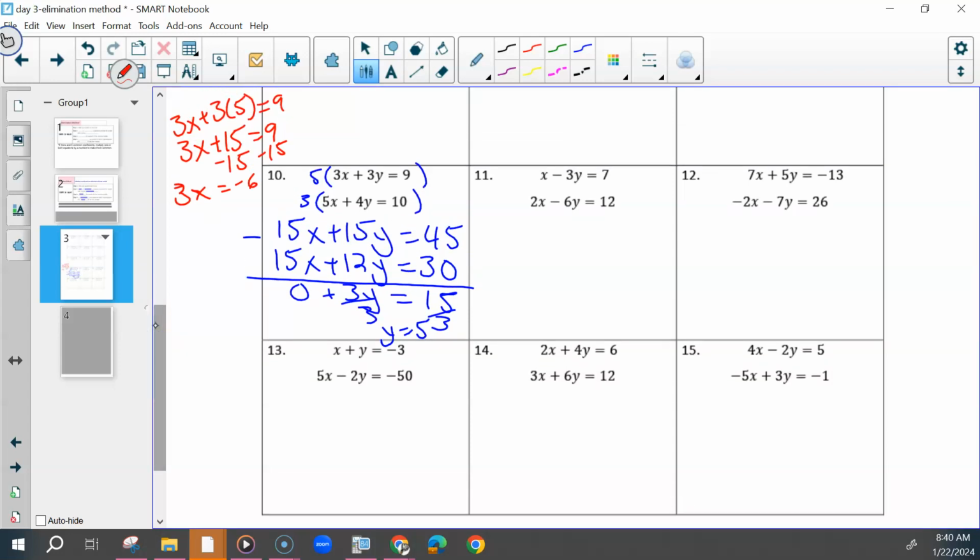What is the value of x? 3. Not 3. -2. -2. So that ordered pair would be -2, 5.